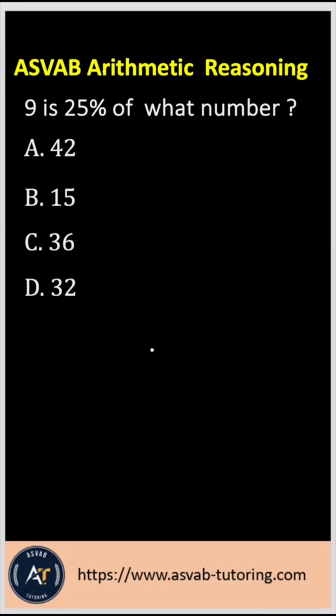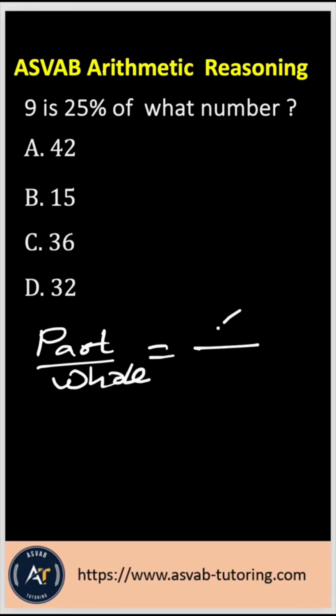Let's practice another very important arithmetic reasoning question on percentage. The question says 9 is 25% of what number? If you watched our previous video, there is a formula you could use, that is part over whole equal to percent over 100.